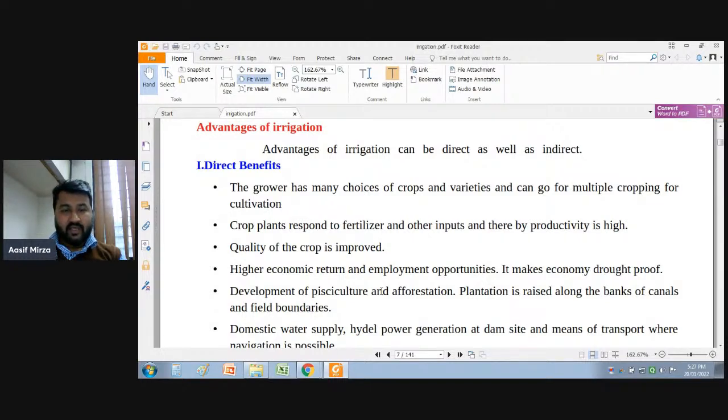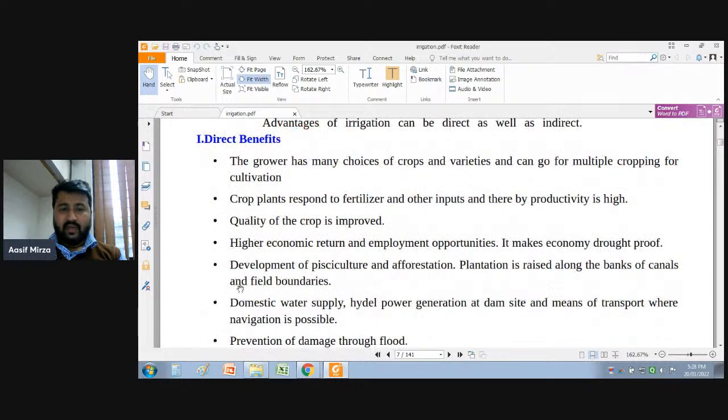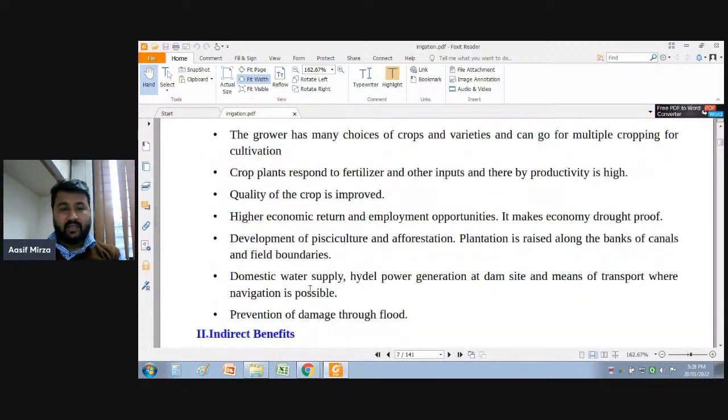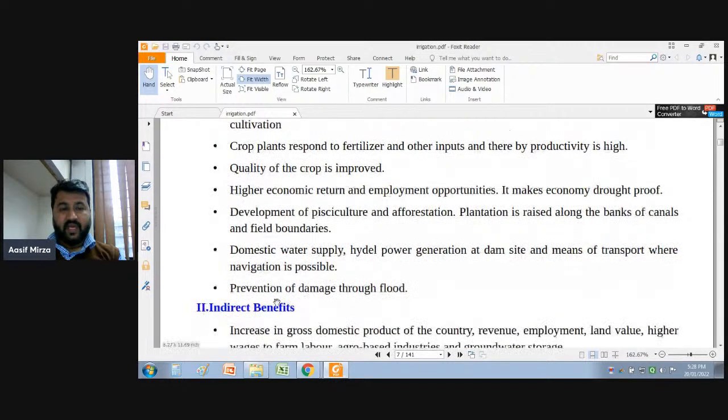Quality of the crop is improved. Higher economic return and employment opportunity, it makes the economy drought proof. Development of pisciculture and afforestation. Plantation is raised along the banks of canals and field boundaries. Domestic water supply, hydel power generation at dam site and means of transport where navigation is possible. Prevention of damage through floods.